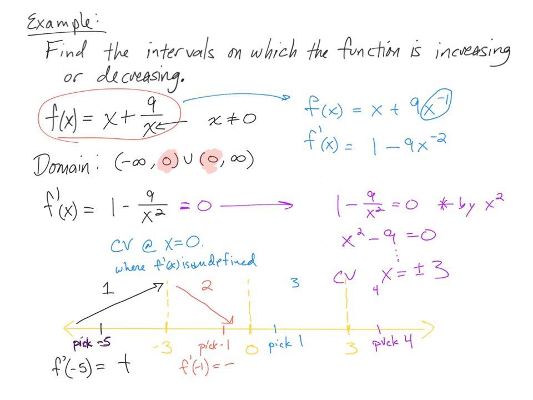And you do this for all of the intervals, all at the derivative. So for 1, that would be the exact same thing, negative. And then over here, when you pick 4, f prime of 4, that would be positive. So we know that it is decreasing here and increasing here.